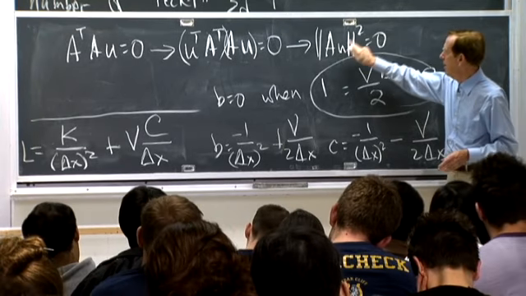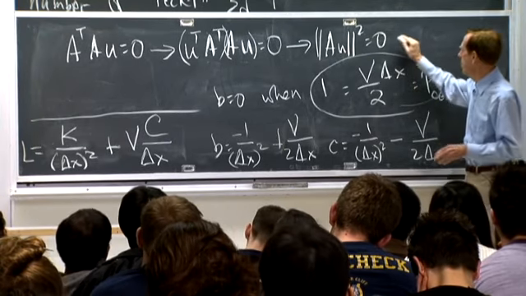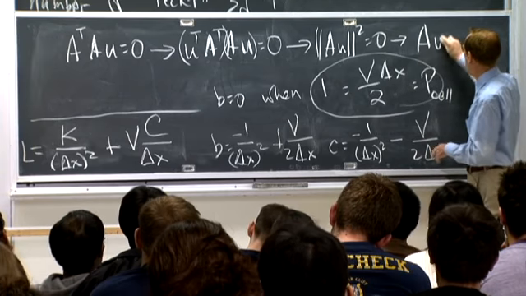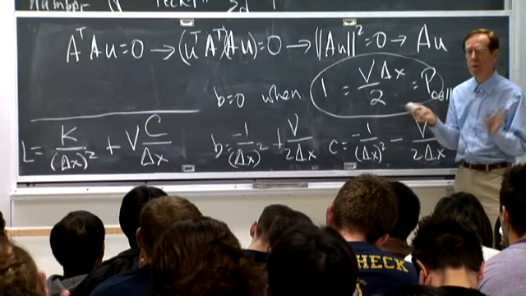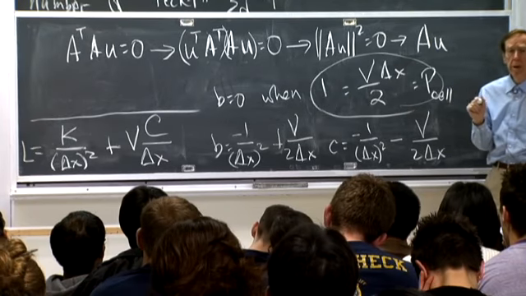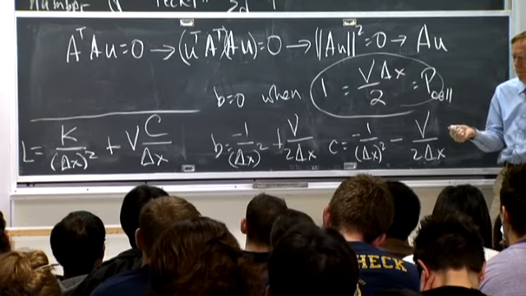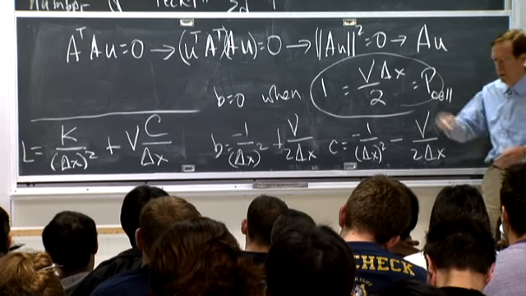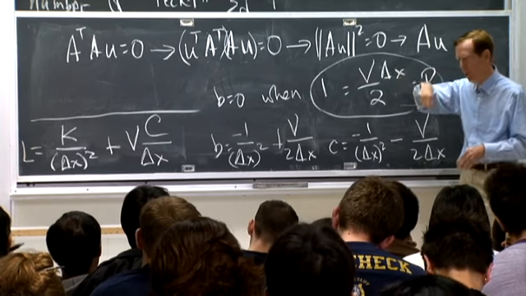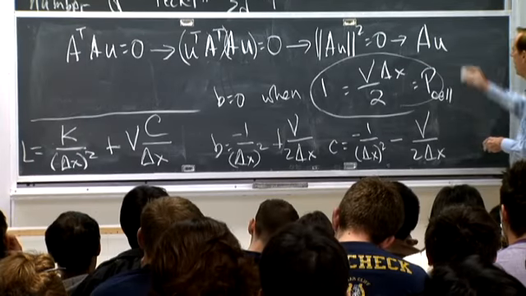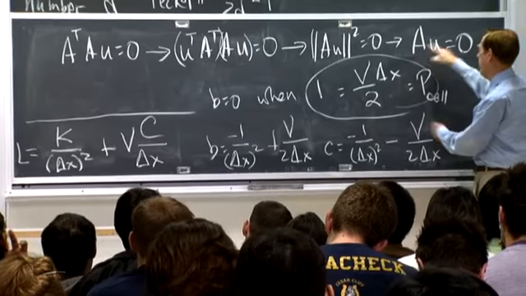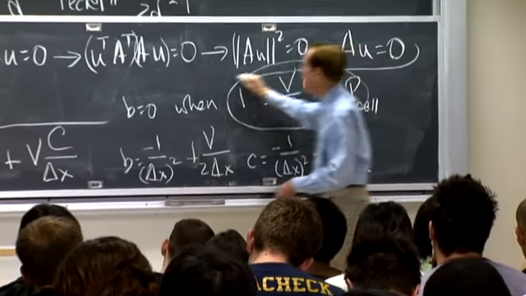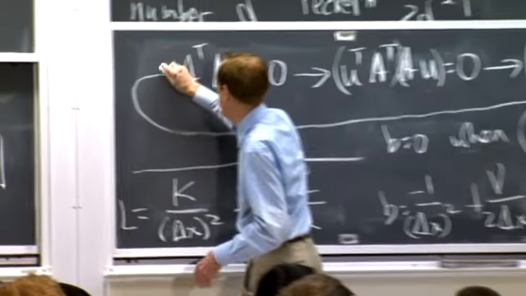And now if the length squared is 0, what does that tell me about AU? If I have a vector whose length is 0, that vector must be 0. The 0 vector is the only one for which the sum of the squares will give 0. Okay. And if AU is 0, I could multiply both sides by A transpose and complete the loop.